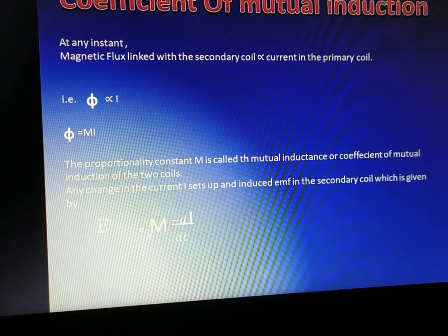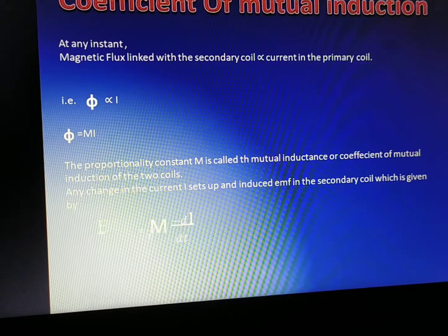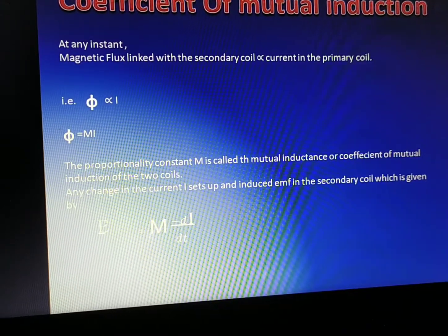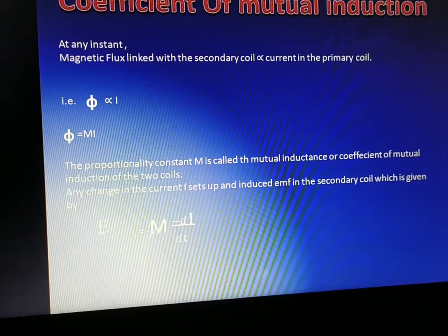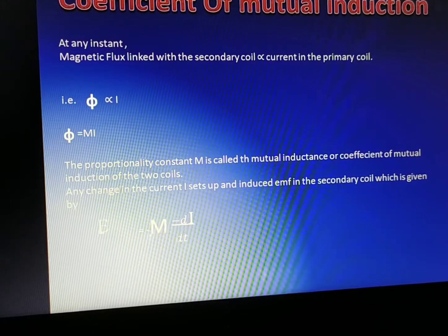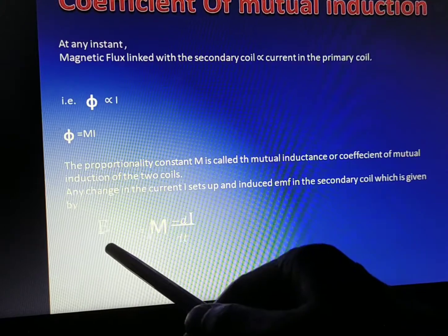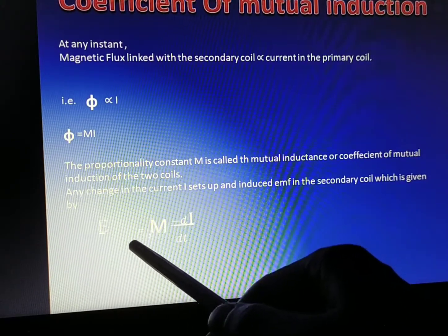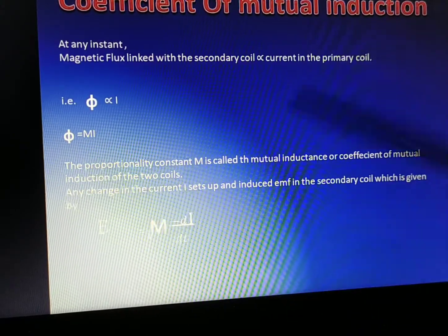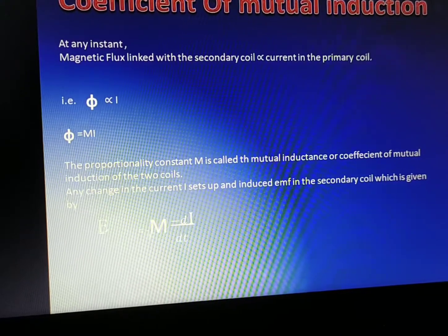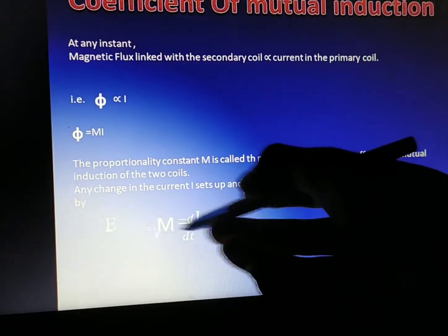Now how can we write this in the form of induced EMF? As we already know from the previous discussions, the induced EMF is equal to minus M dI by dt. How is this equal to this?